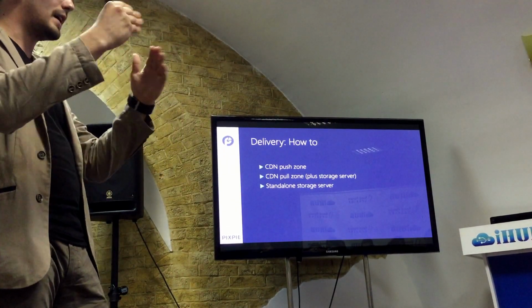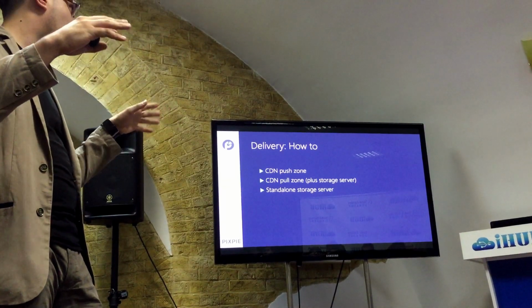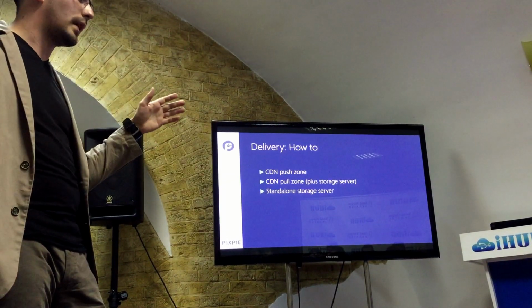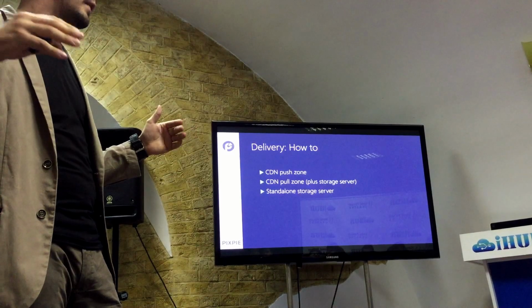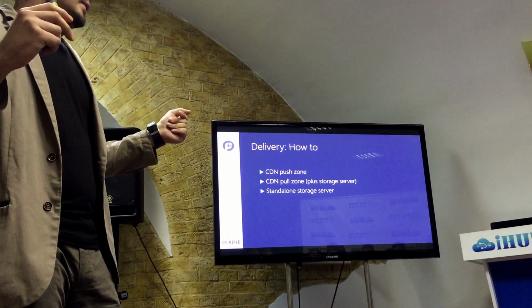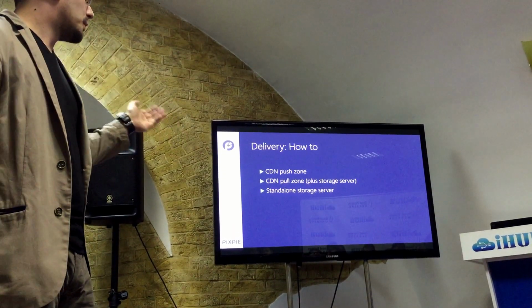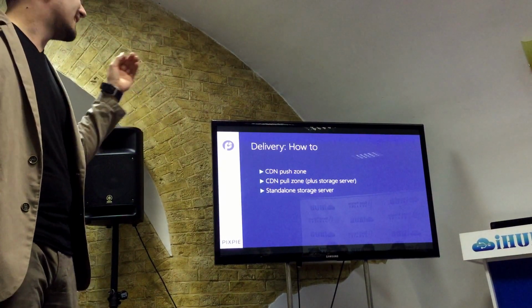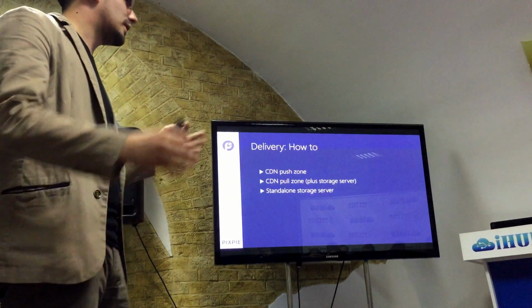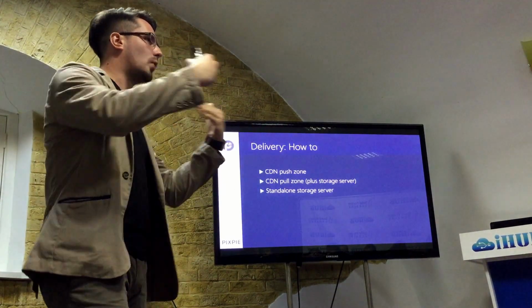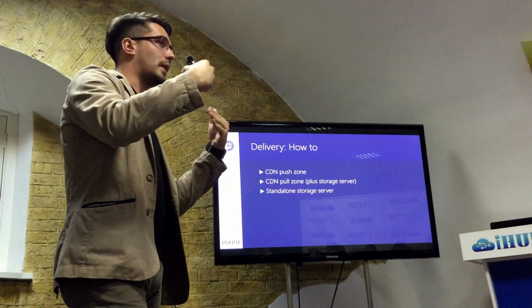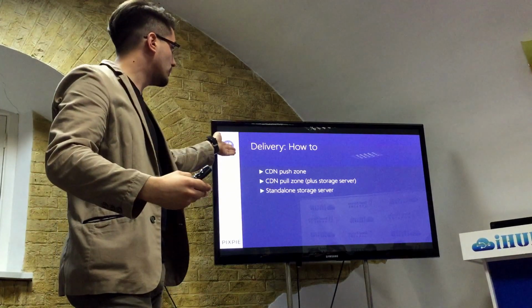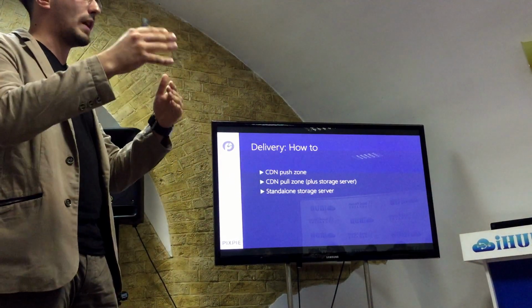You can upload files there and they will replicate automatically around all servers around the world. They serve the same demand, but with the CDN push zone, you can control everything that's going on. You upload files in it by yourself. Pull zone just caches your website.